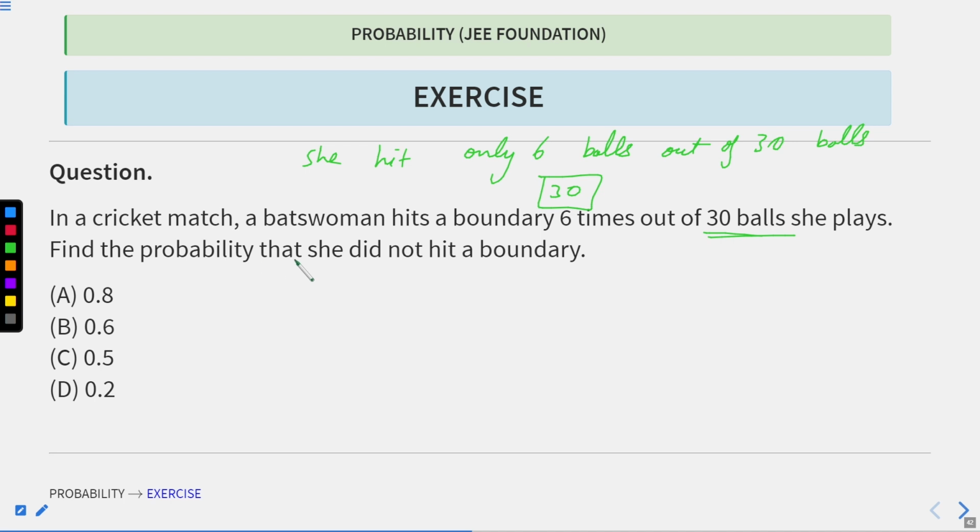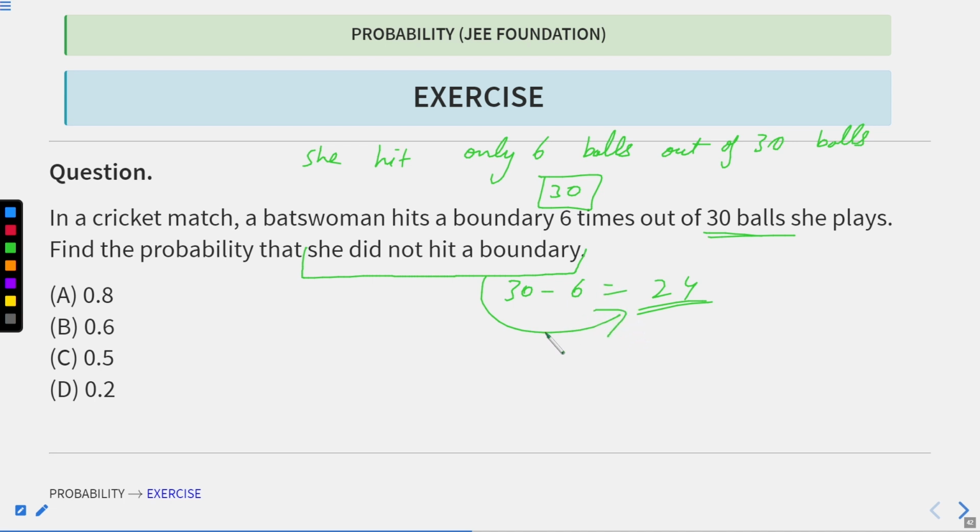Now the probability that she did not hit the boundary: 30 minus 6 is 24. So she did not hit a boundary on 24 balls.